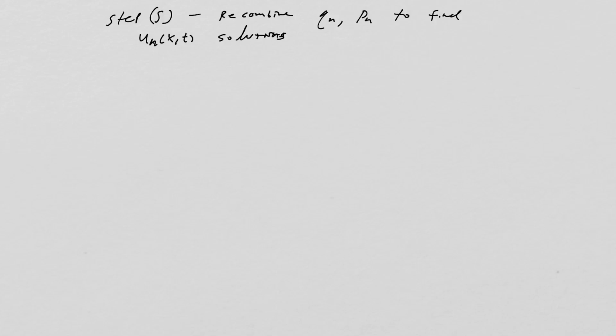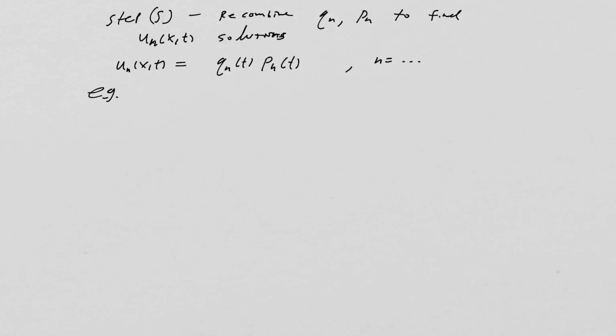Okay, let's do it. So we know that Un of x comma t is equal to, let's write it down. It was going to be Qn of t times Pn of x, and that's going to be from n is equal to whatever those index is.